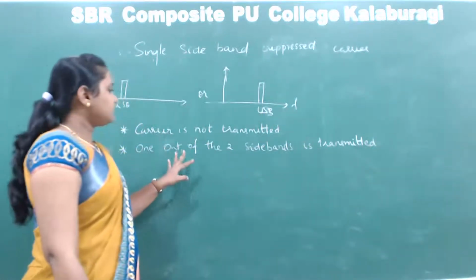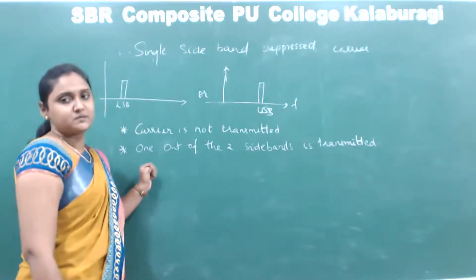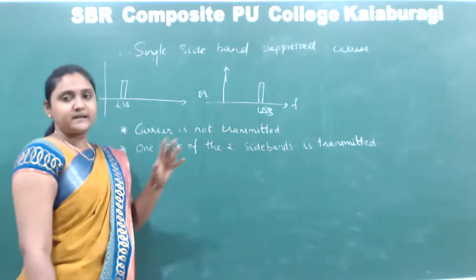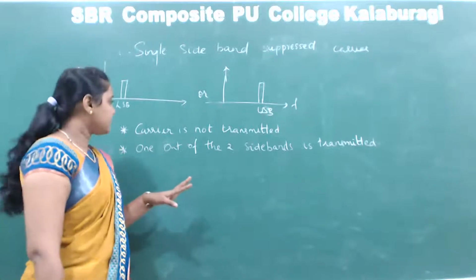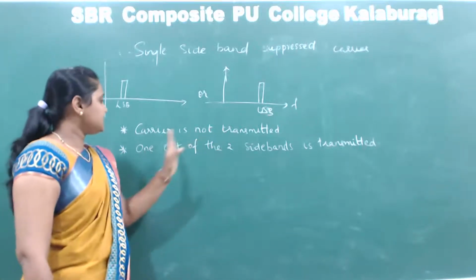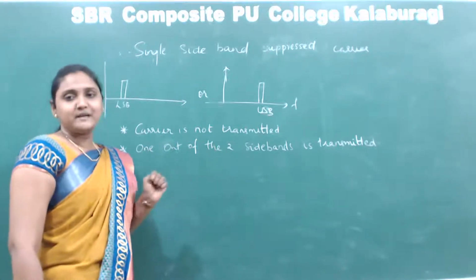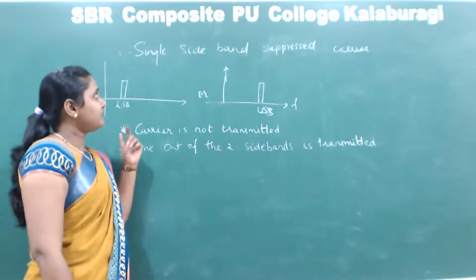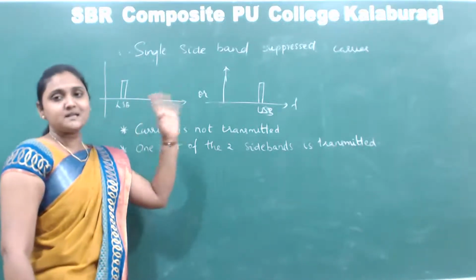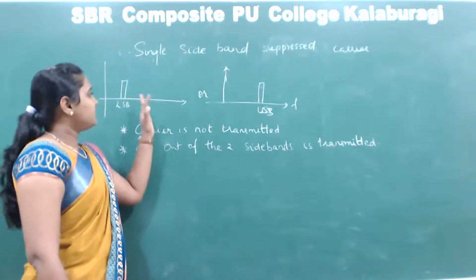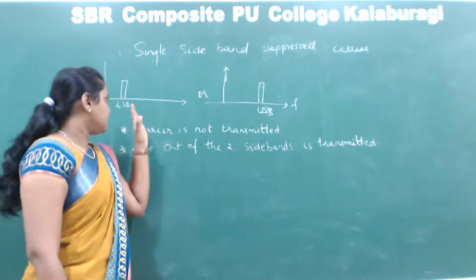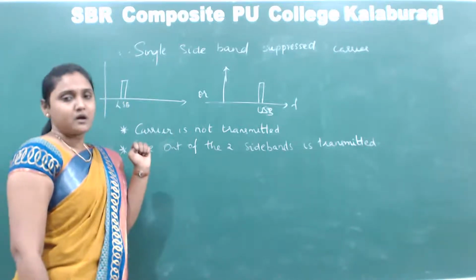Lower sideband or upper sideband is transmitted. Carrier is not at all transmitted. So this type of transmission of AM wave is called single sideband suppressed carrier. Carrier is suppressed, one of the sidebands is suppressed, and only one sideband is transmitted, that is lower sideband or upper sideband.